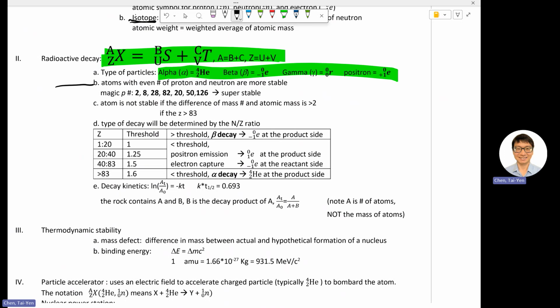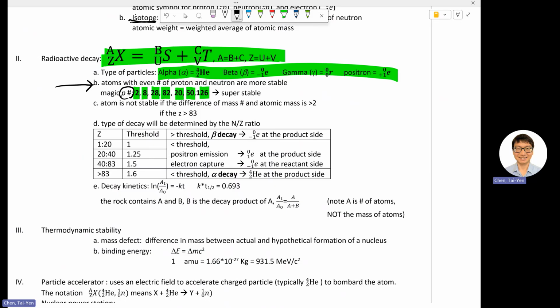Stability is what we start to focus on now. If I give you an atomic symbol, how do you predict whether it is a stable nuclei or not? Rule number one: there are a few magic numbers that we need to memorize.